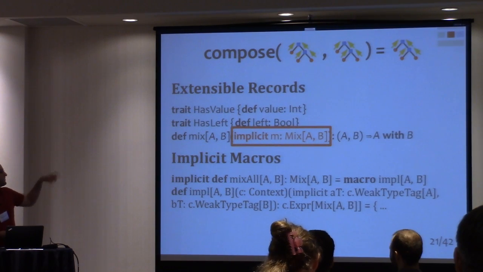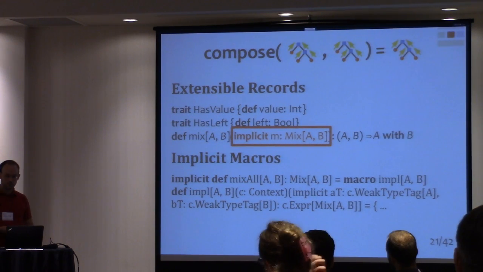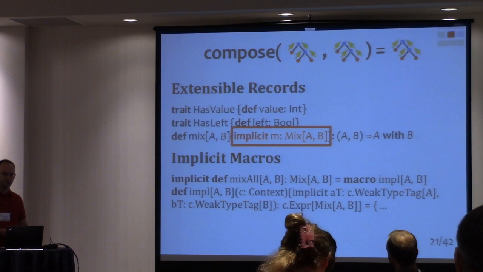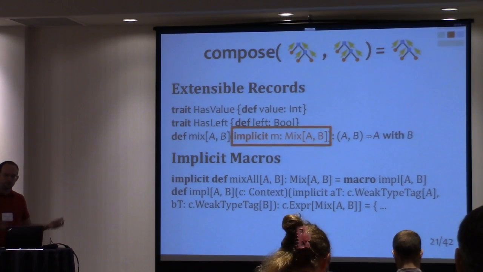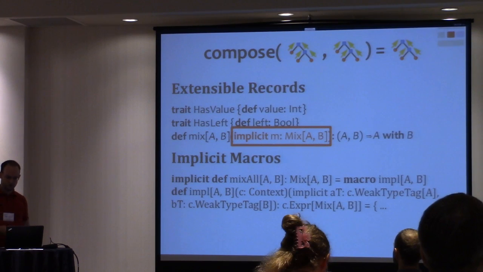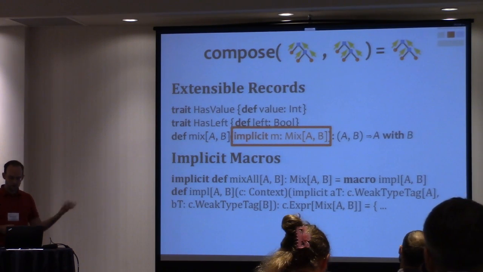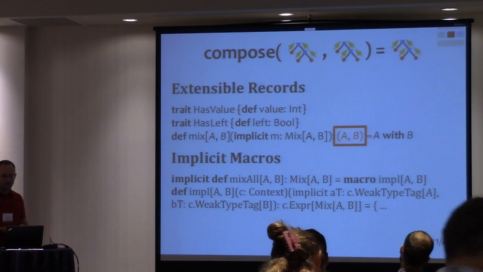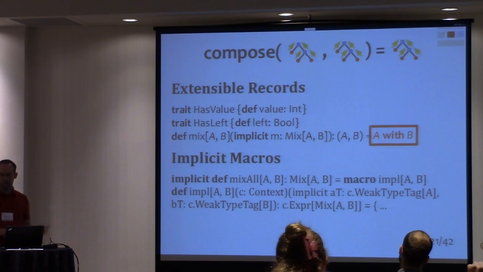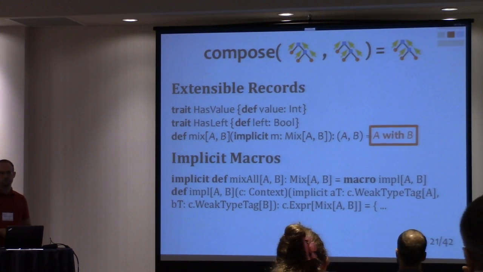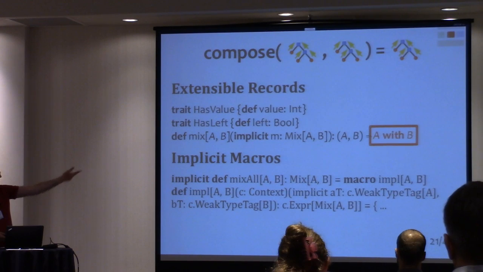It means that whenever this function is called, and there is no explicit argument provided for the second argument list, then the Scala compiler, the type inference, will figure out a value of Mix[A, B], given all the implicit values in scope. And if we manage to do that, then we can take an A and a B and turn it into an A with B.